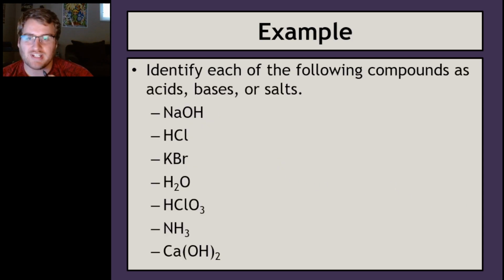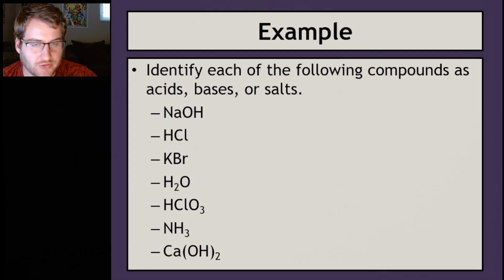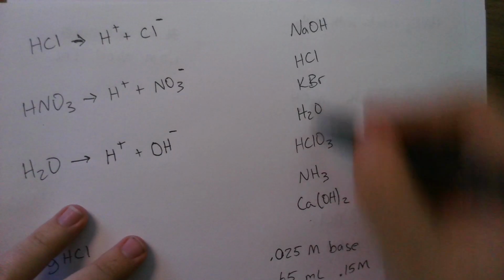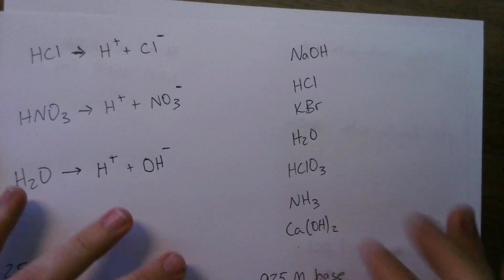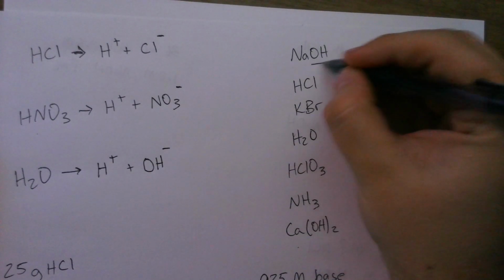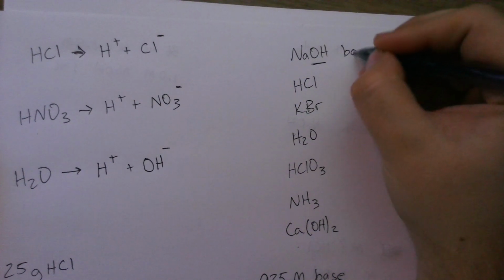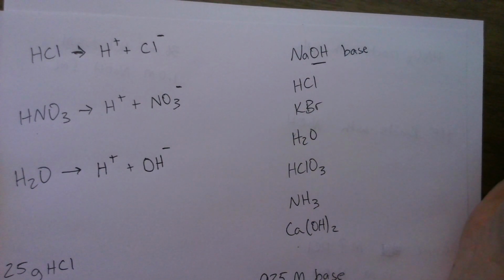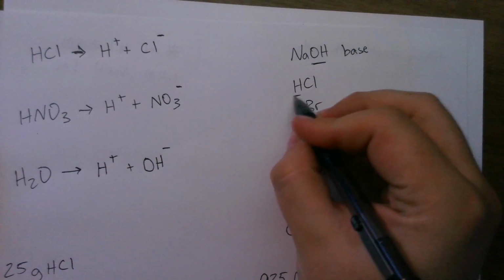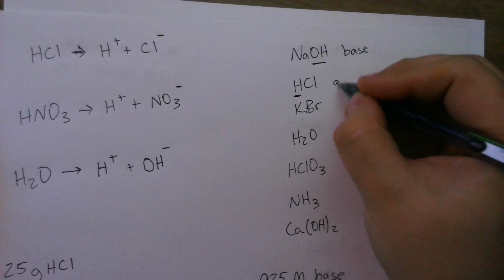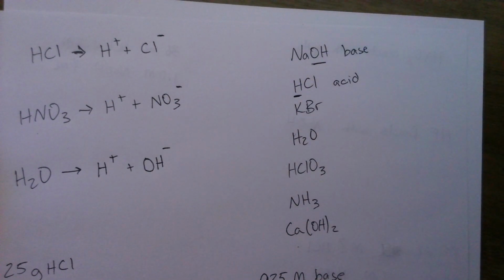What we want to do here is identify each of these compounds as acids, bases, or salts. I'm going to go through this list and tell you how I would recognize each one. Ends in OH means that it is definitely a base. I feel good about that statement. HCl, starting with H, means it's probably an acid.